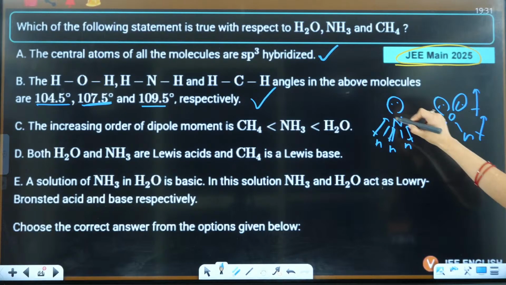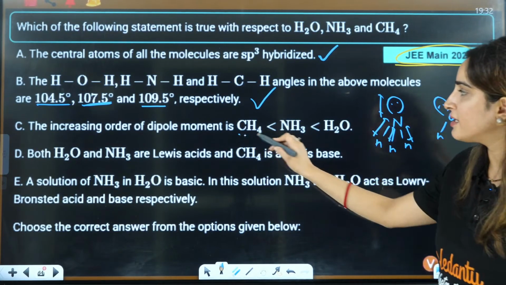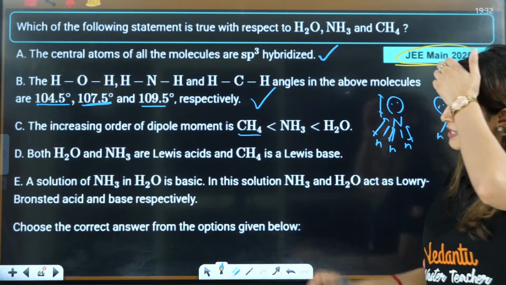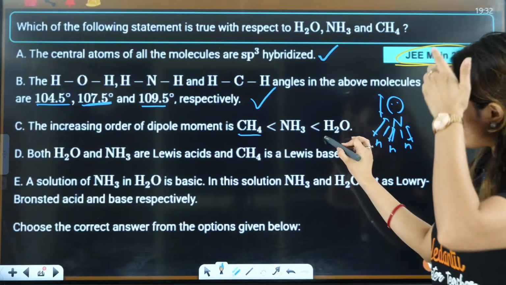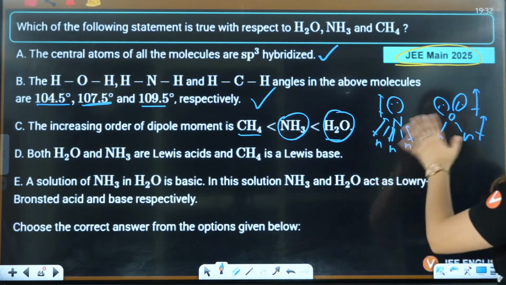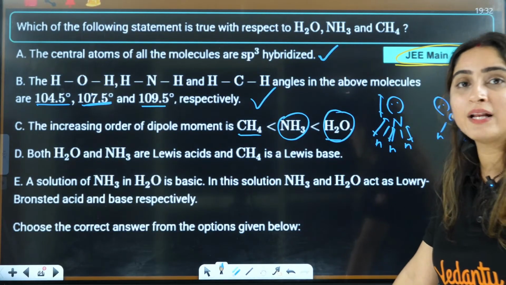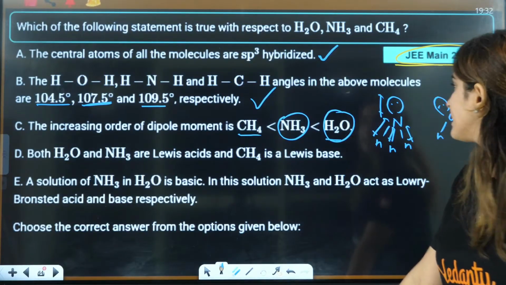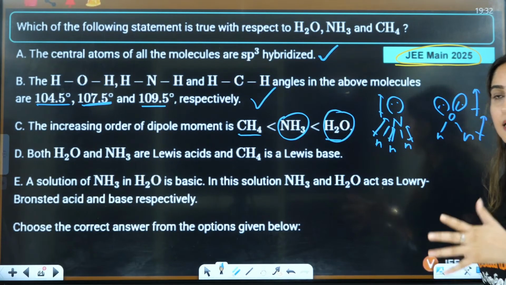Here also it will be added. And in CH4 all the atoms are the same, so this will be less. But between H2O and NH3, which one will have more dipole moment? Definitely H2O will have more dipole moment, because two lone pairs are involved here.